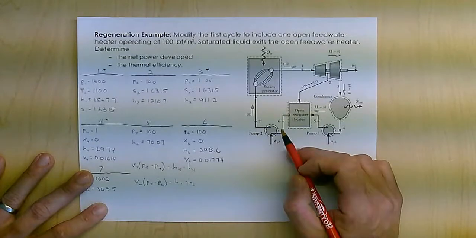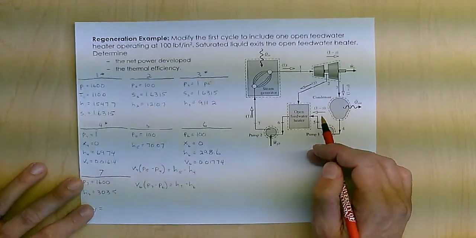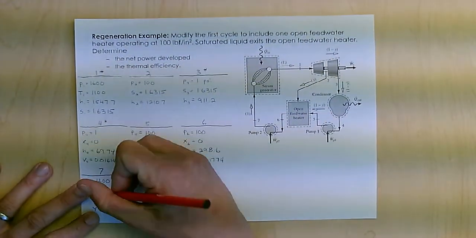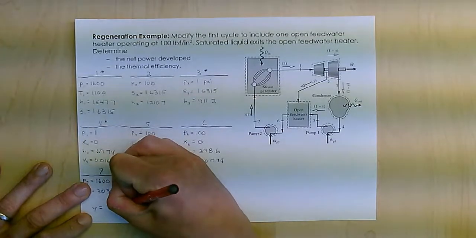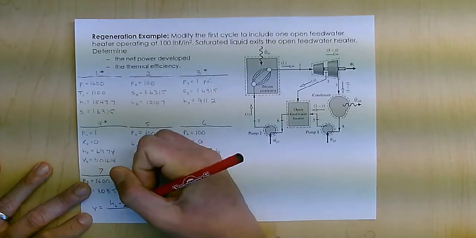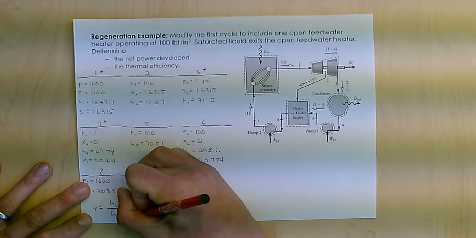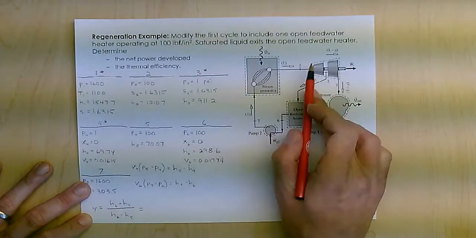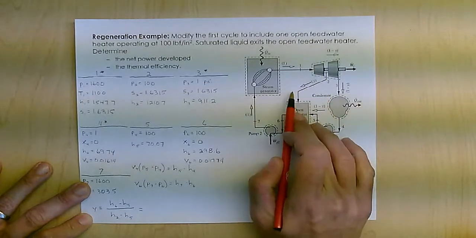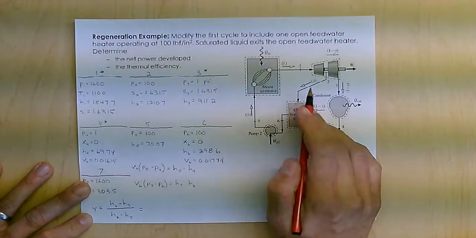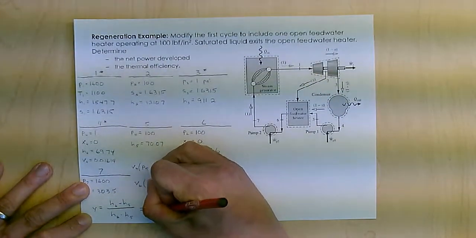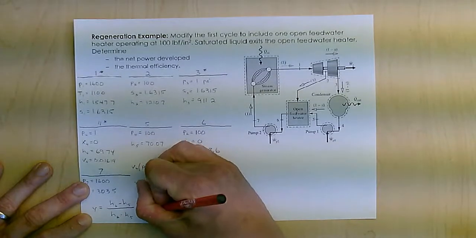Then what goes out is all of it after they mix. So that means y is (H6 minus H5) divided by (H2 minus H5). From that I can find that the percent of the mass flow that's pulled off at state 2 is about 20%. It's 0.2004.